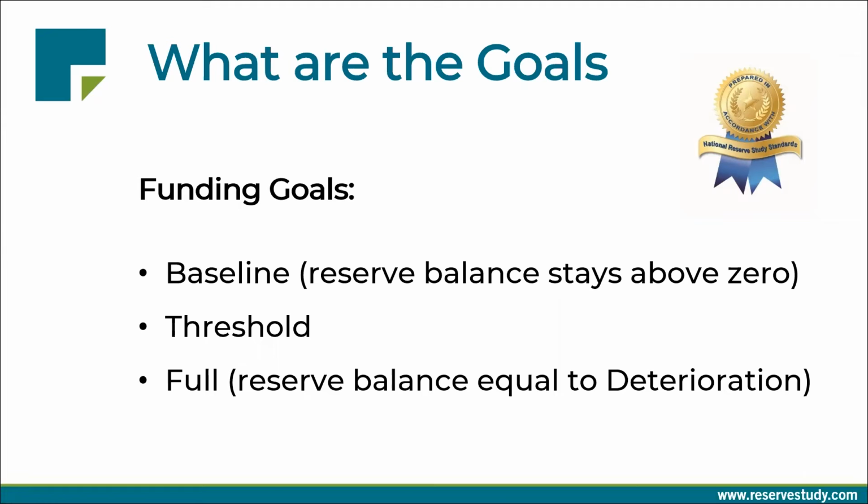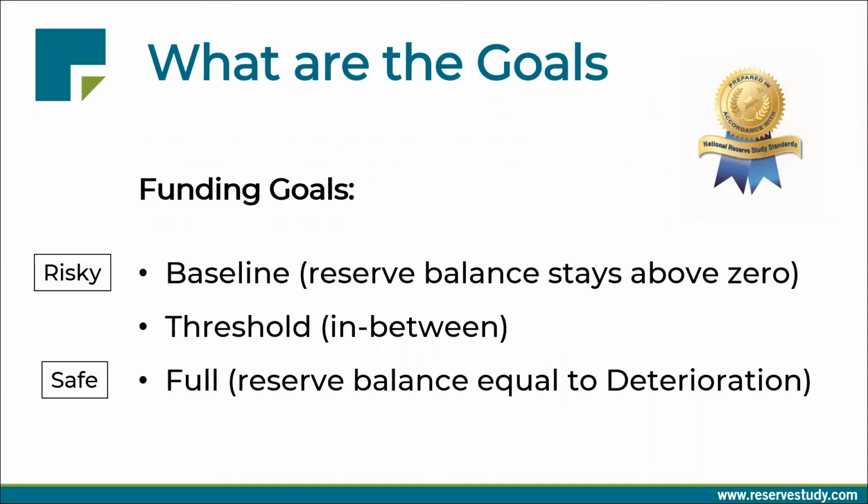So you're trying to offset the expenses of what has happened. So it's a little bit higher amount of cash in the bank. And threshold is something that you choose in between, either a cash amount or a percent funded amount. So the bottom line is baseline ends up being risky, and full funding is towards the safe end of things.